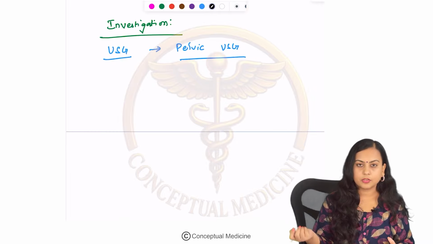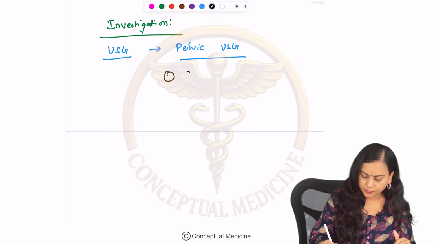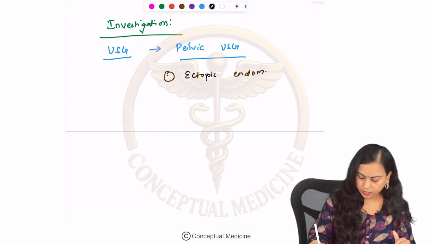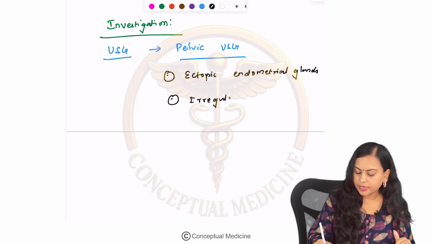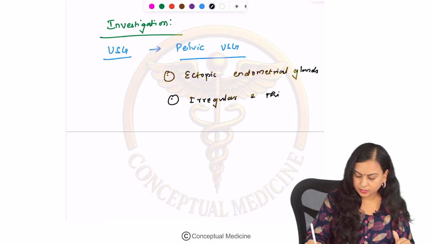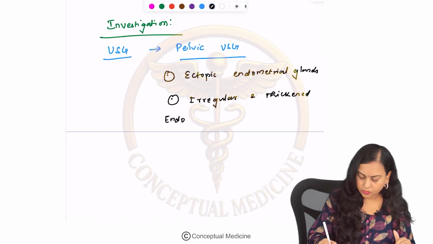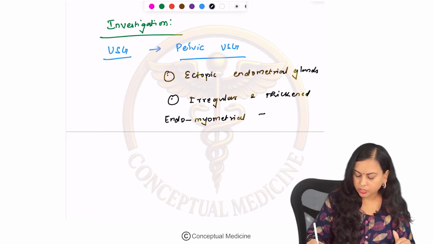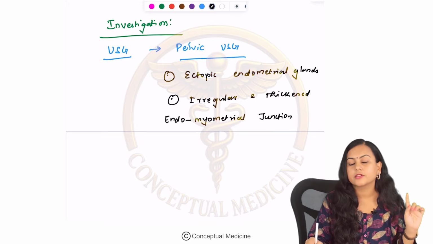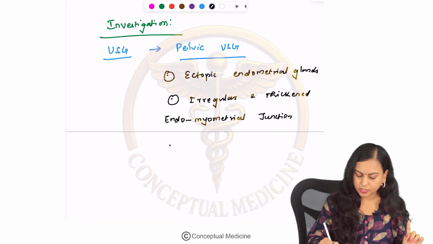So what you will be able to observe is ectopic endometrial glands, and you will have irregular as well as thickened endomyometrial junction. So what is the thickness? It is going to be more than 12 millimeter.